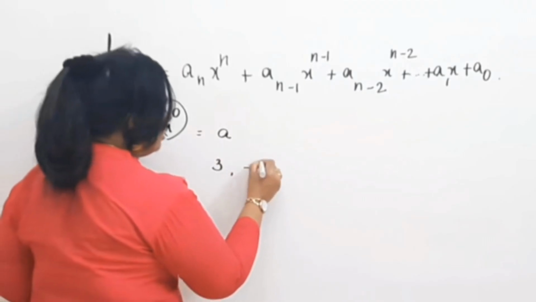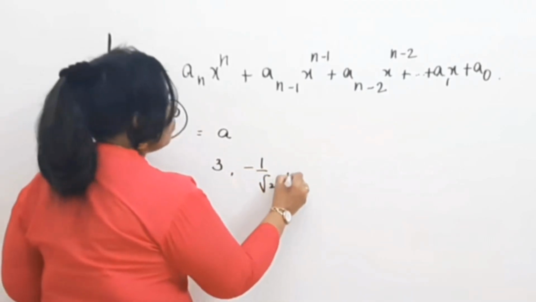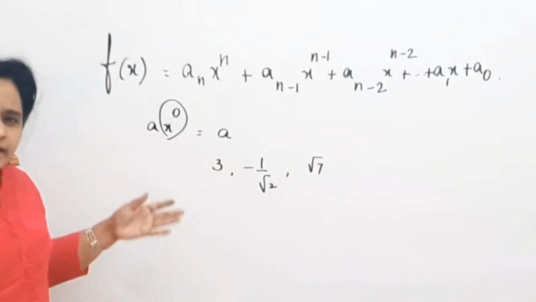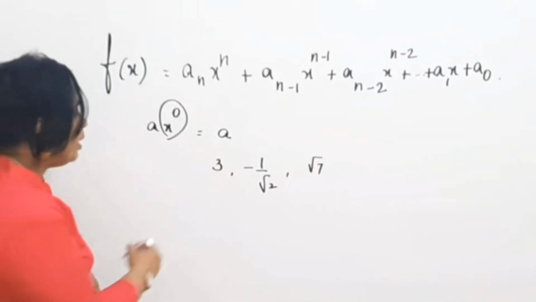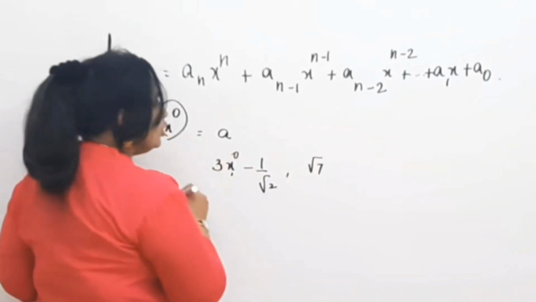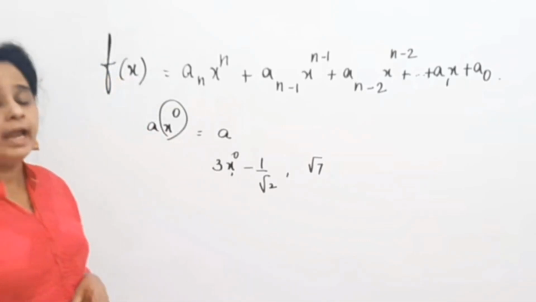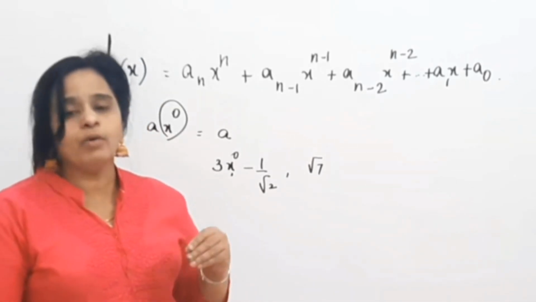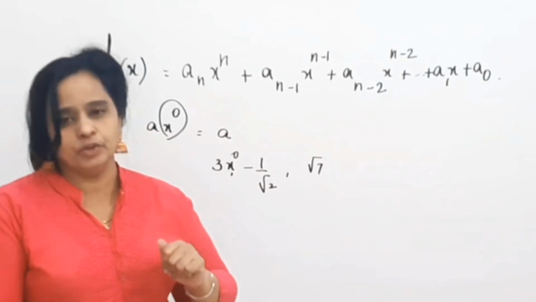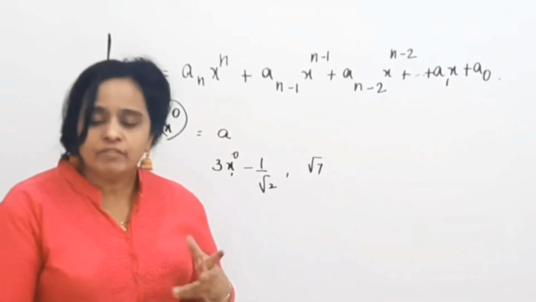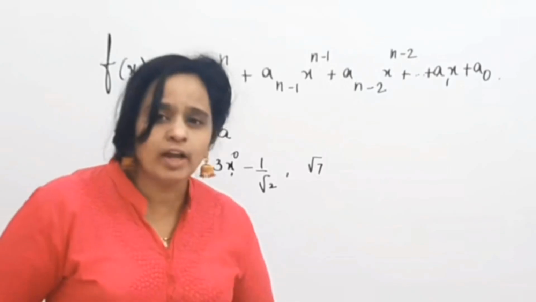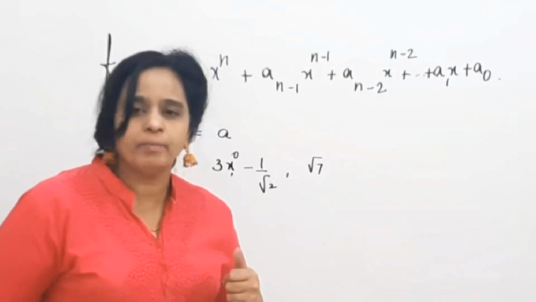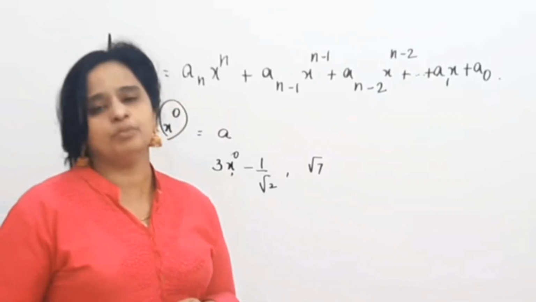Any real number is also a polynomial, that we can write as just a number with the power of the variable 0. So any number we can say is also a polynomial. We call it a constant polynomial.